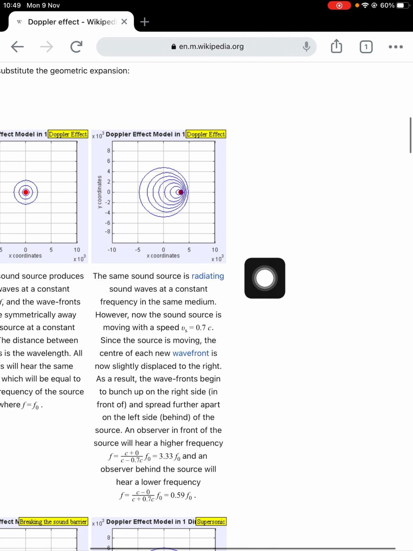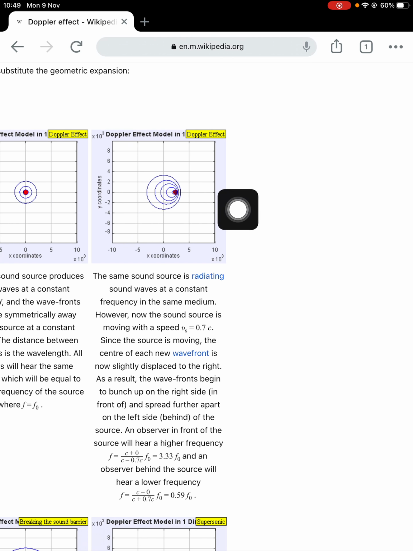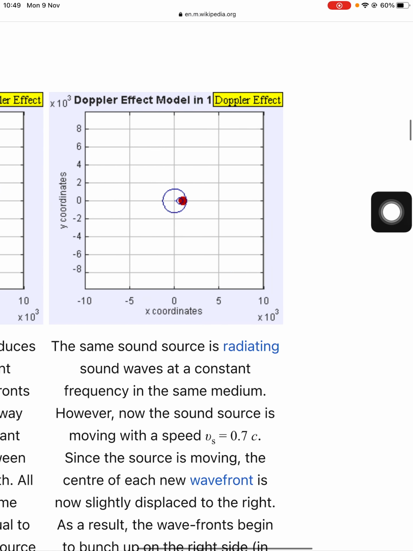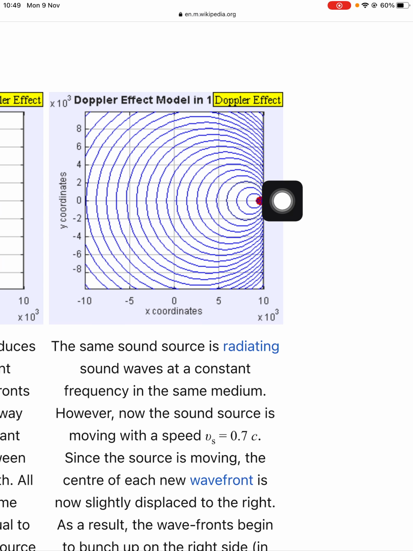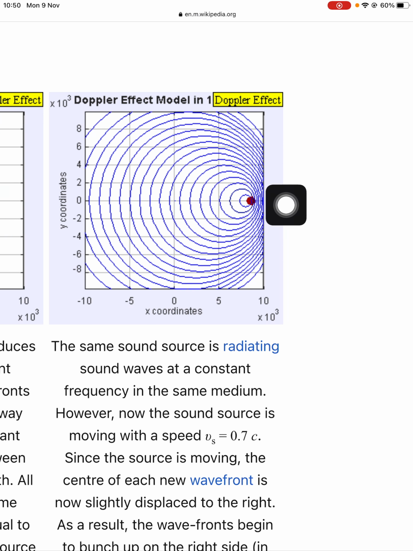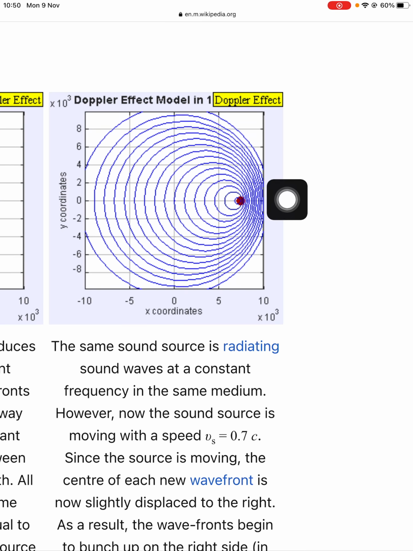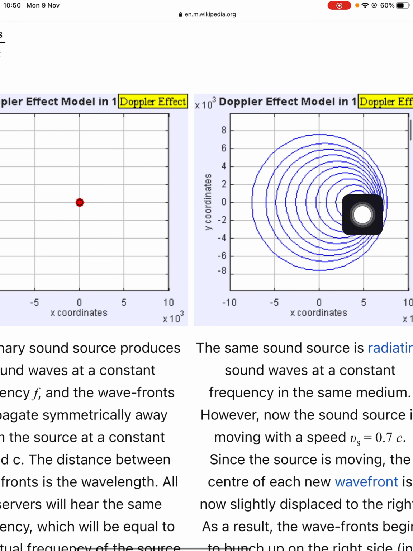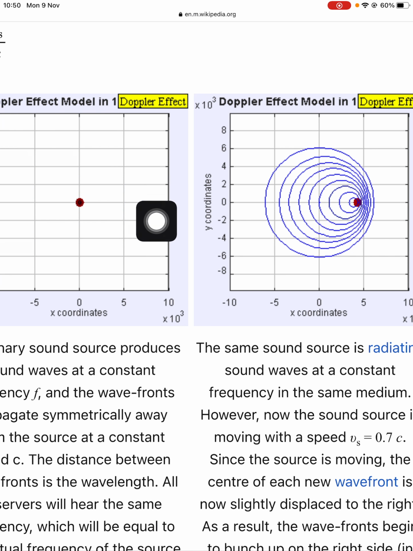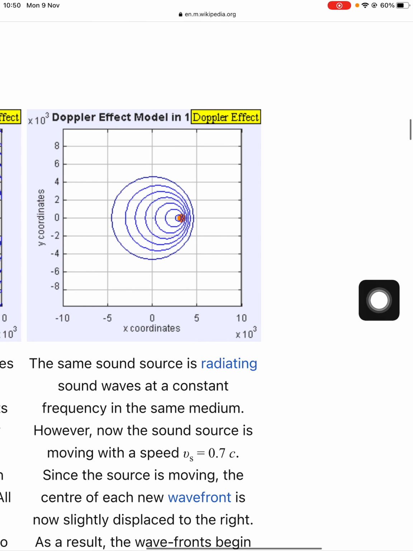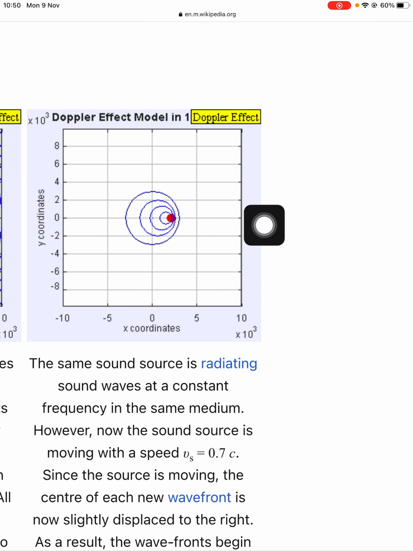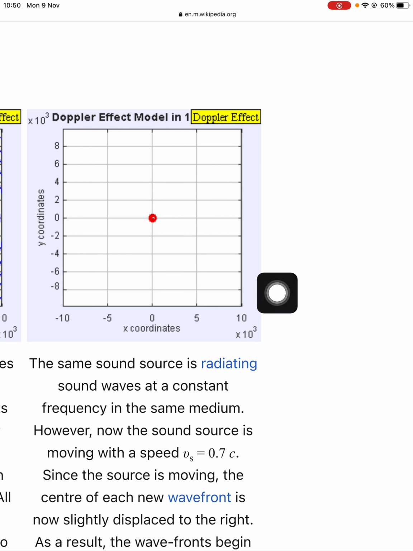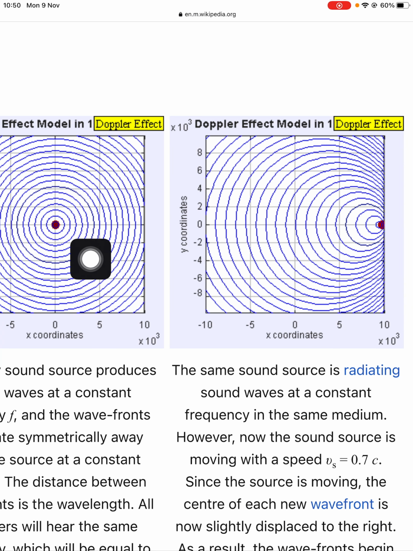But in this case, if the source is moving to the right-hand side, and the listener is on the right-hand side of the source, the wavelength of the sound wave that the listener can detect is going to be smaller than in this case. So the frequency that the listener can detect is going to be higher than the frequency that the source emits.